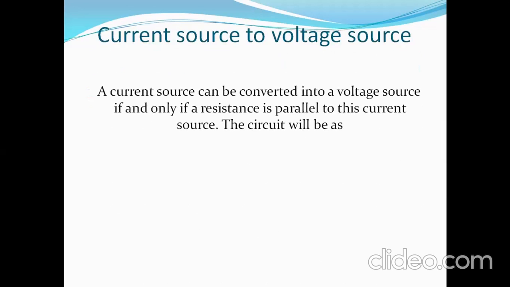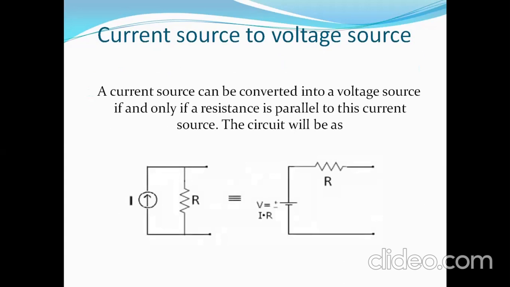So here I am going to discuss first current source to voltage source. A current source can be converted into a voltage source if and only if a resistance is parallel to the current source. The circuit is given below.